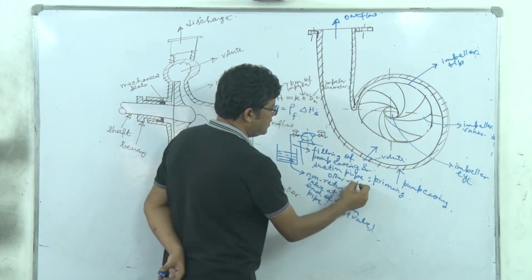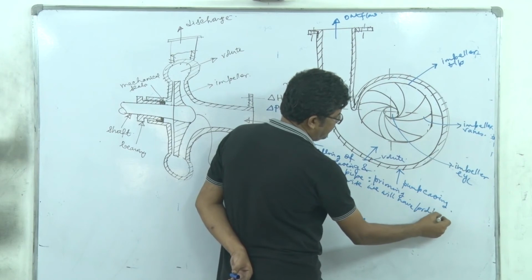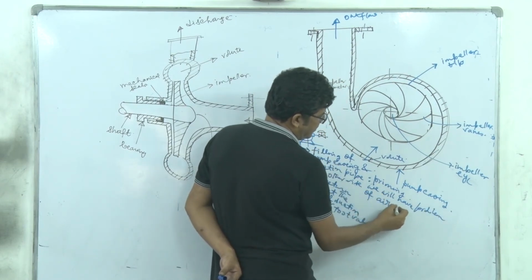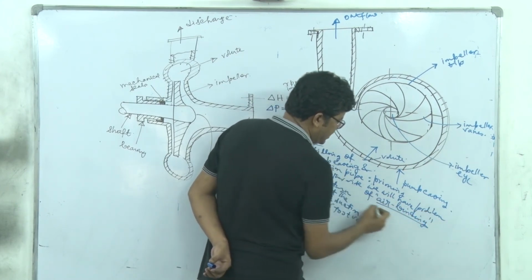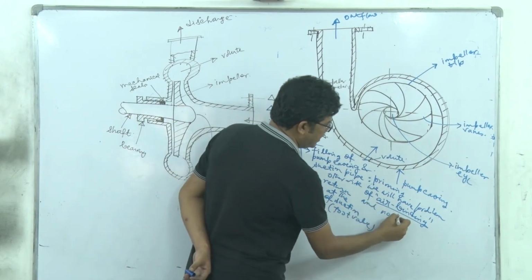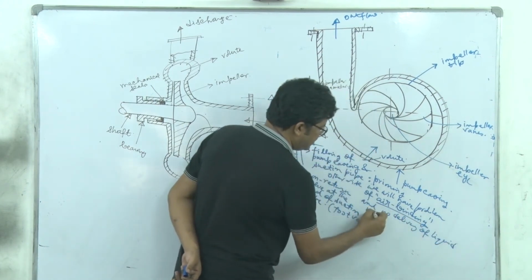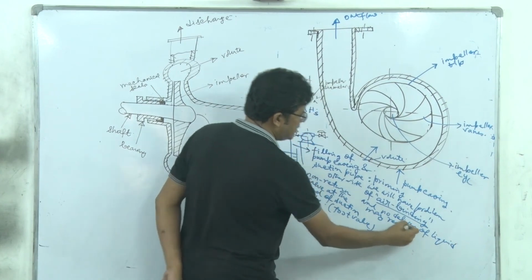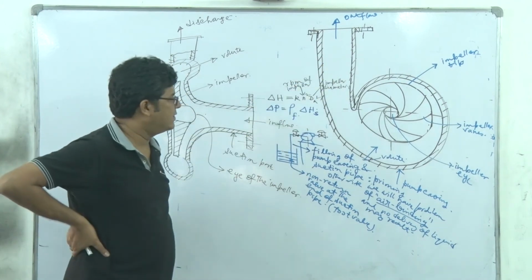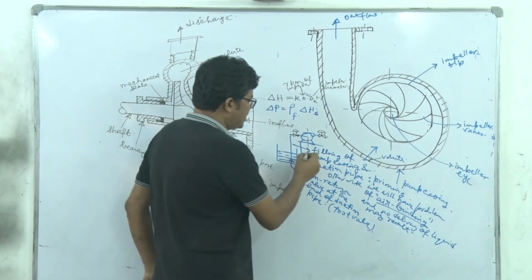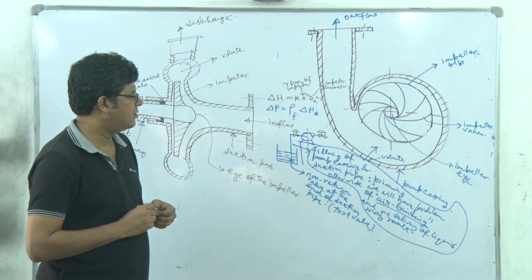Otherwise, we will have the problem of air binding, and no delivery of liquid may result, right? Because we are not lifting the liquid, so definitely we will not get any supply of the liquid at this delivery point. So that's the typical idea of priming and air binding, right?